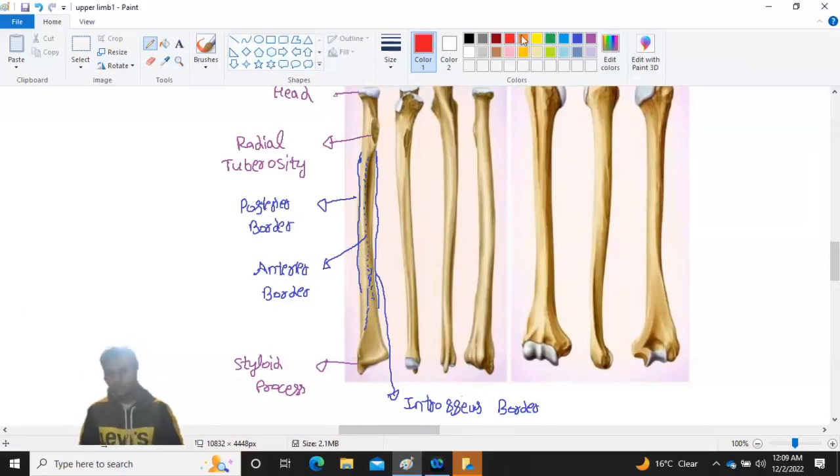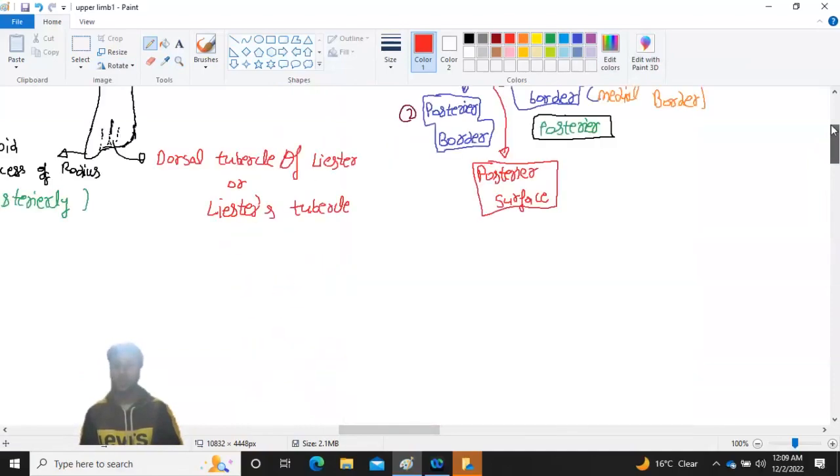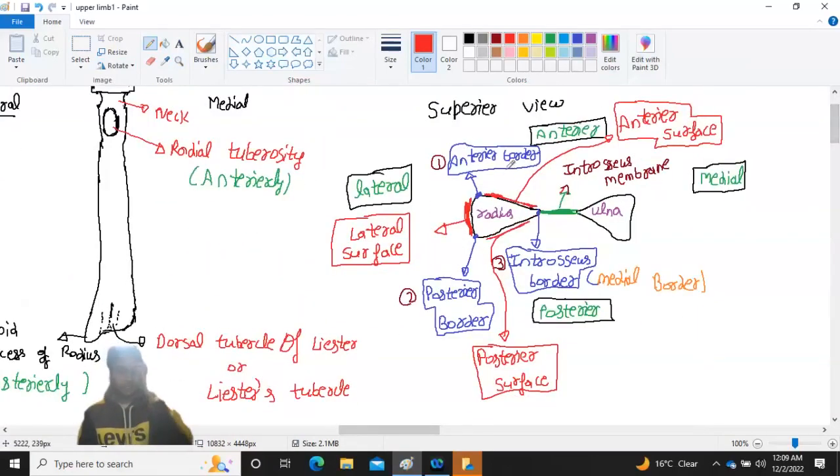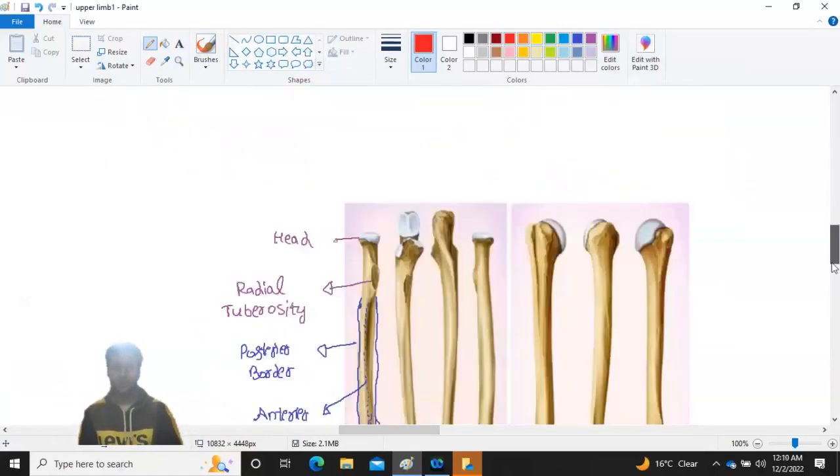अब faces. First we take this, the anterior surface. Remember. अब देखिए anterior surface किस किस border के बीच में प्रेजेंट है. सबसे ऊपर चलते हैं. It is present between the interosseous border and the anterior border. Anterior और interosseous border के बीच में जो होगा, it is called the anterior surface.